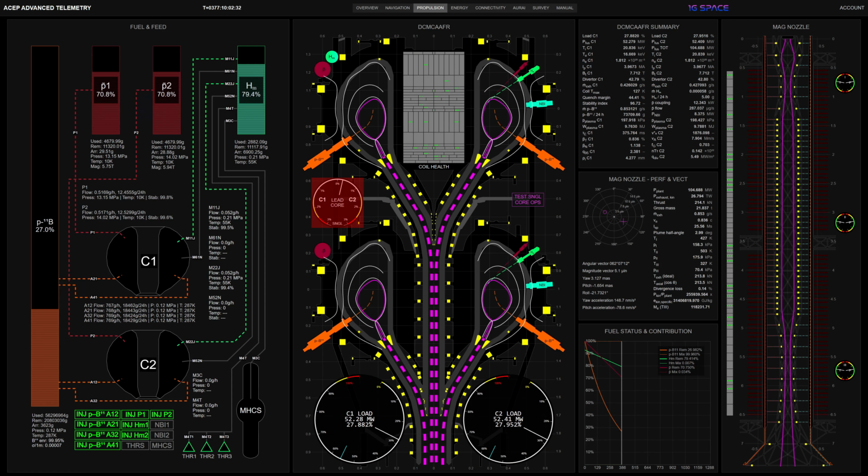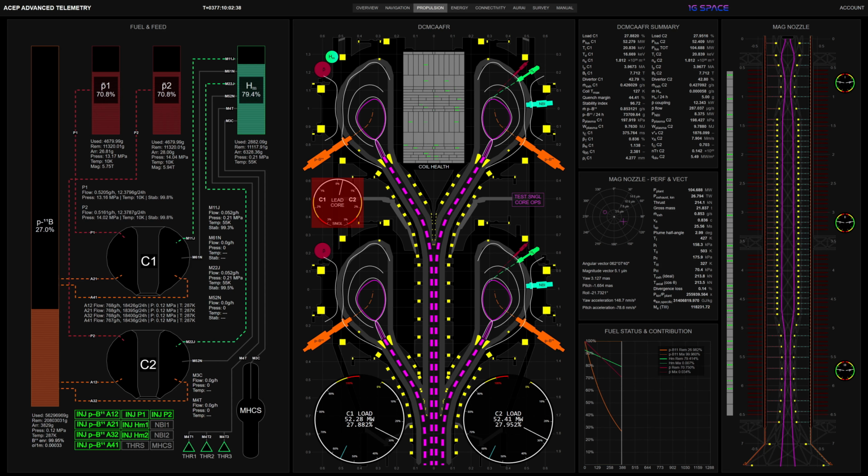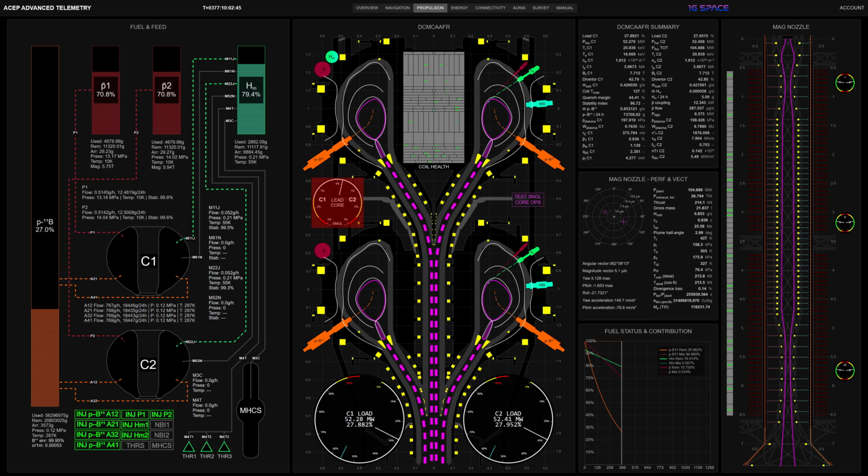The core balance indicator shows the differential load between core 1 and core 2. Small offsets are nominal and are used to manage magnetic stress, plasma stability, and component lifetime, while larger deviations indicate corrective action or protective constraints.